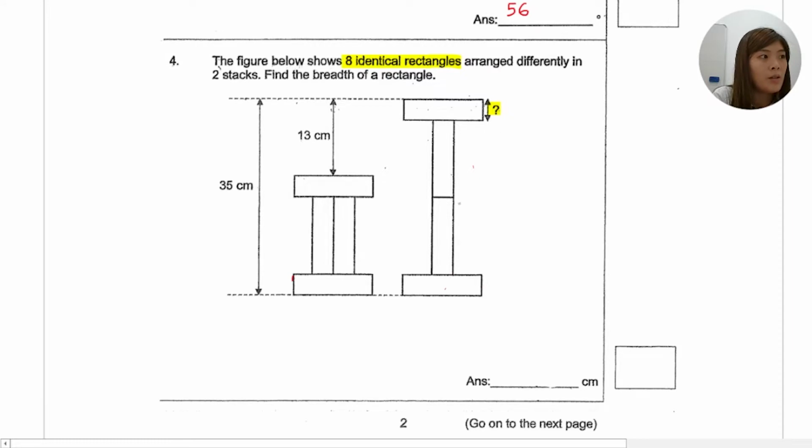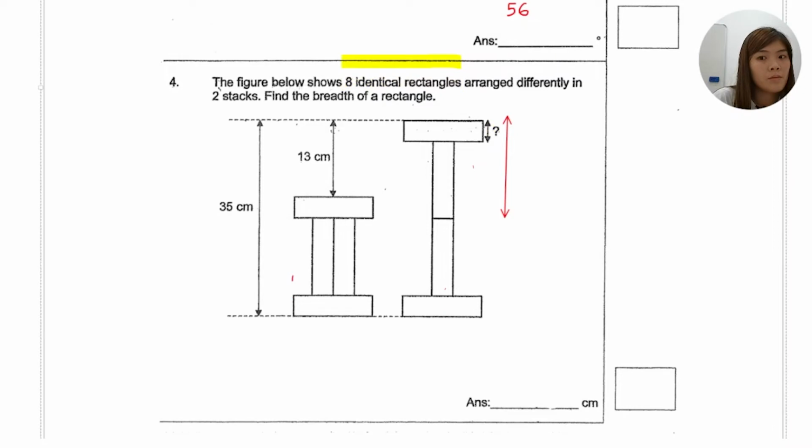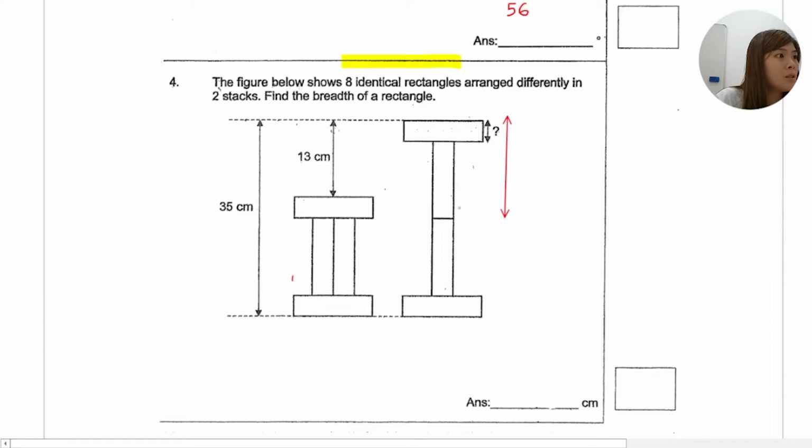What we can do is find out what this is. Basically this is equal to 35 divided by 2, which is equal to 17.5 cm.